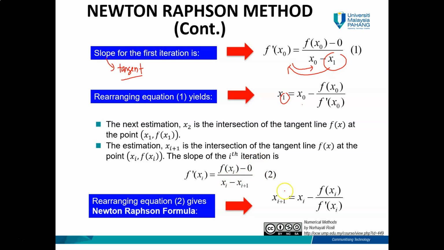For the iteration, the formula becomes x_{i+1}. Here 1 becomes i+1 and 0 becomes i, so x_{i+1} equal to x_i minus f(x_i) divided by f'(x_i). This is the formula for the Newton-Raphson method that you will use in finding roots using this method. If you see in this formula, we have a derivative of the function. So class, for this method, you need to know how to differentiate a function.